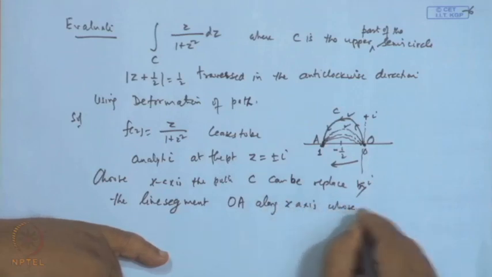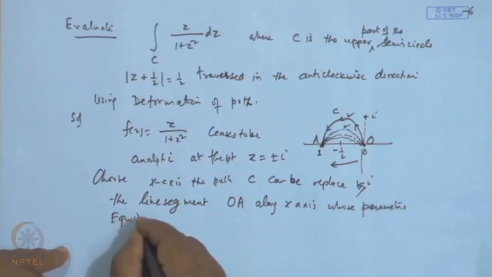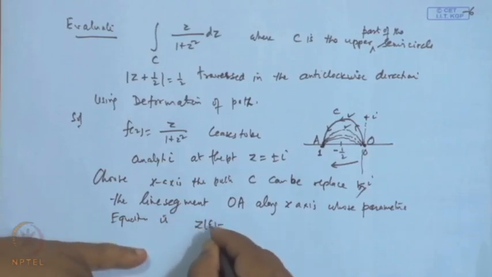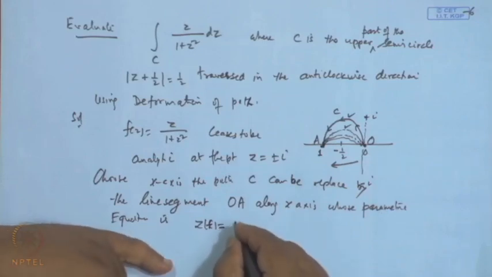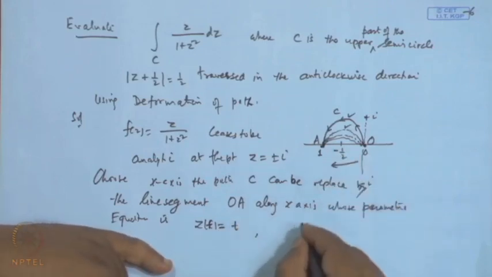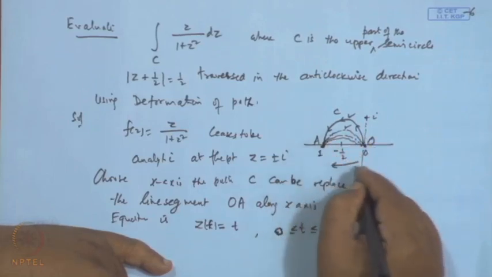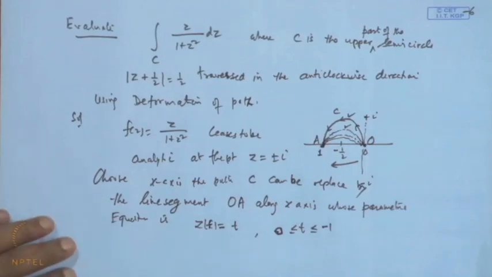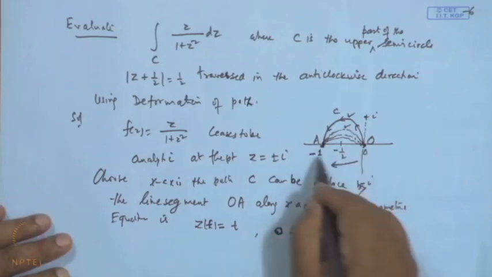whose parametric equation is z(t) equal to x(t) plus i y(t). So, x(t) is t, y is 0. So, t varies from minus 1 to 0. Oh, sorry, 0 to minus 1. Why 0 to minus 1? Because the direction is taken anticlockwise. Okay. So, if I take z(t) equal to t, then t varies from 0 to minus 1, this is minus 1, I am sorry.